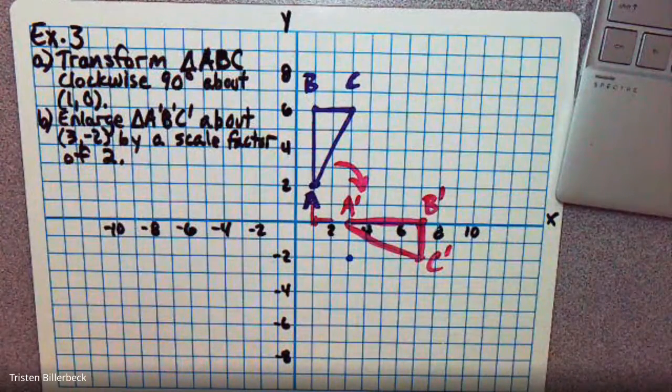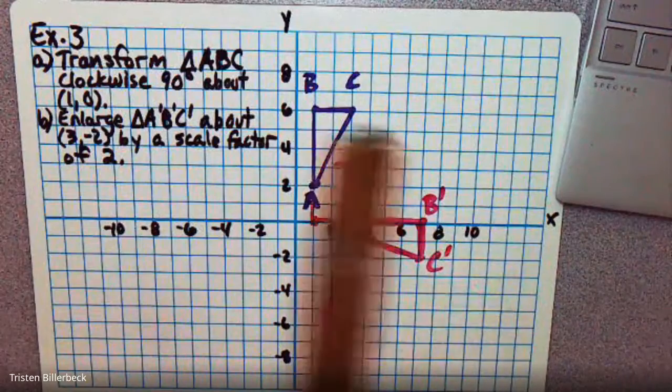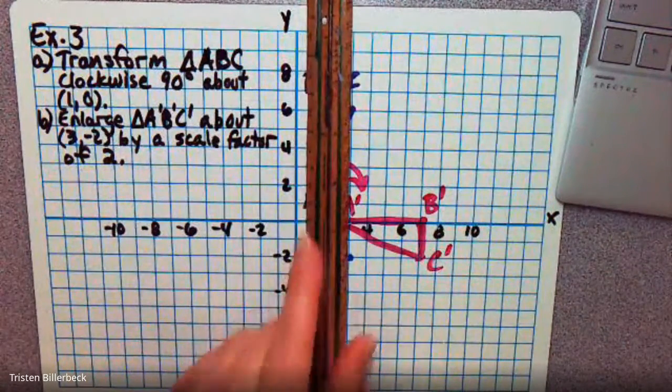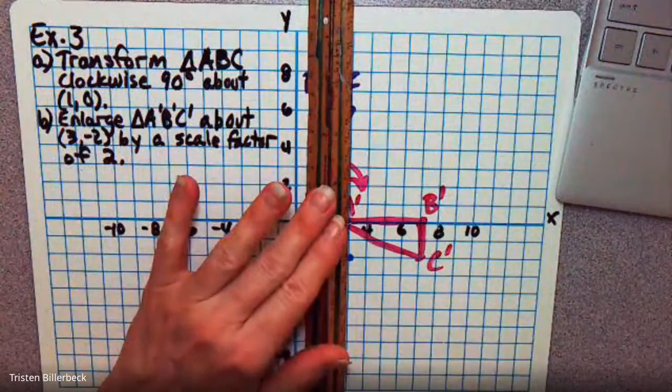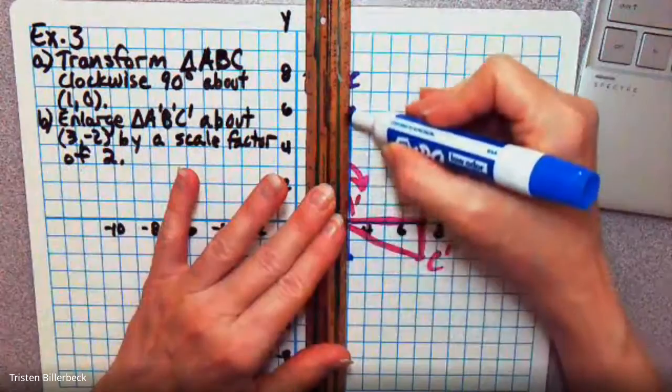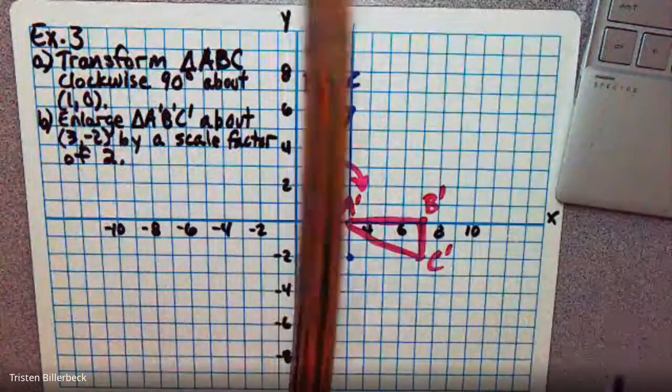Now it says enlarge by a scale factor of 2. Let's see what's going to happen. We know it's on the same side, so it's going to be on this side.